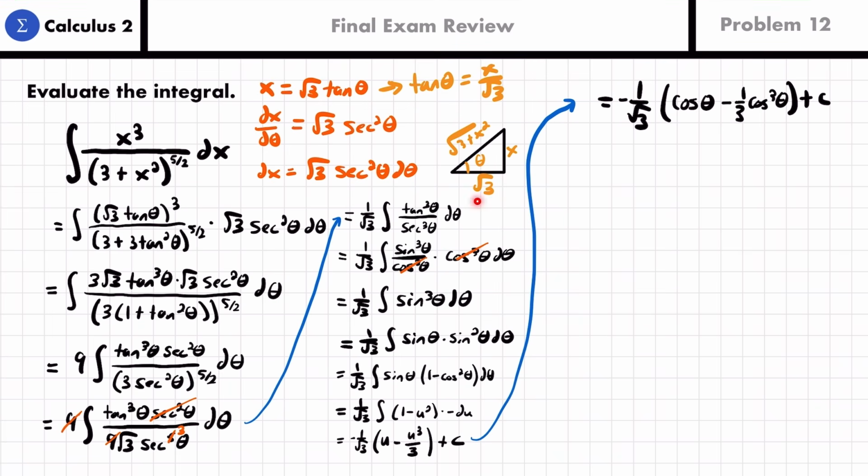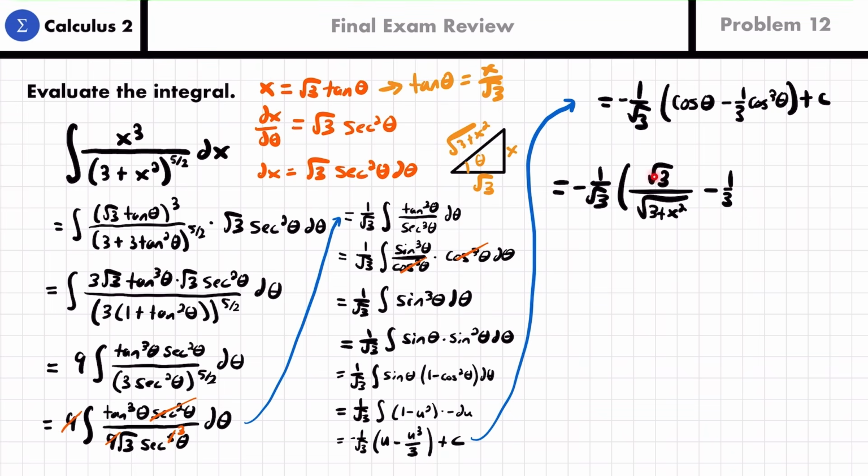Okay, so the adjacent side is the square root of 3, and the hypotenuse is the square root of 3 plus x squared. So here's what we get rewriting our answer in terms of x: we have -1 divided by the square root of 3 times cosine theta, which is the square root of 3 divided by the square root of 3 plus x squared, minus 1/3 times cosine cubed theta.